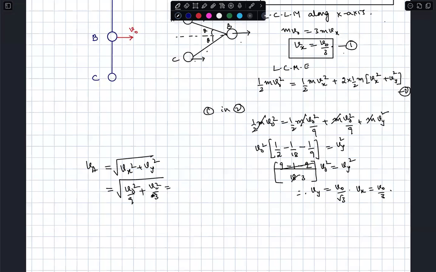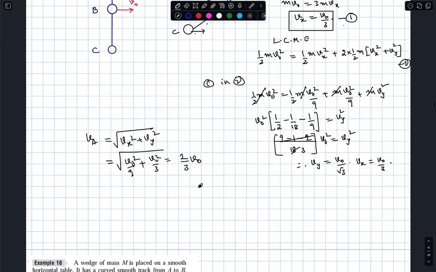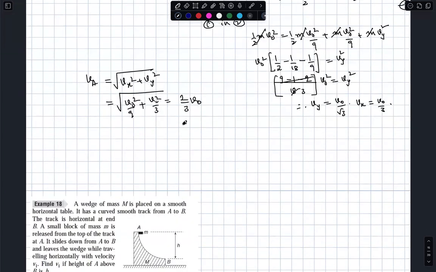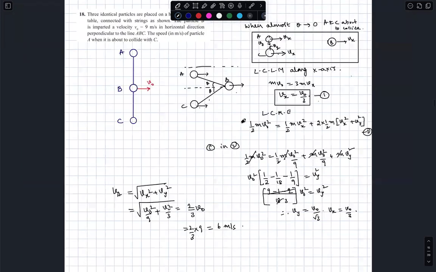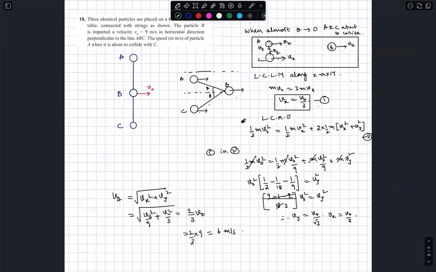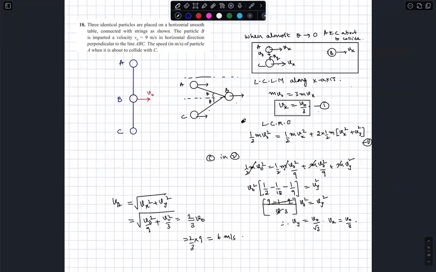You'll get 2 by 3 V0. By the way, what is V0? V0 is 9. So therefore, 2 by 3 times 9 gives you 6 meter per second. Very, very good question. And I am done with fundamentals.